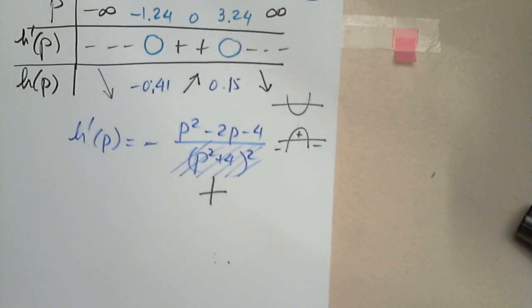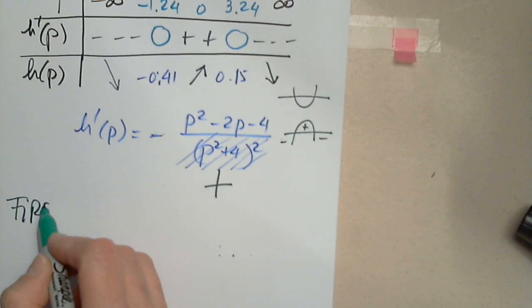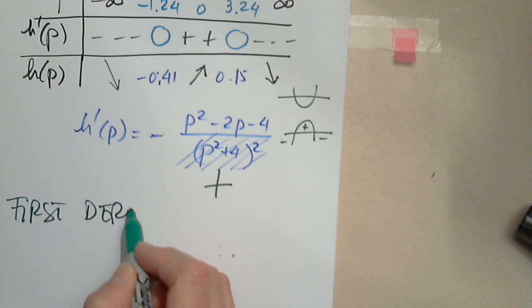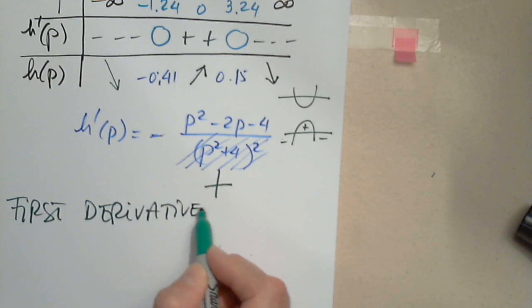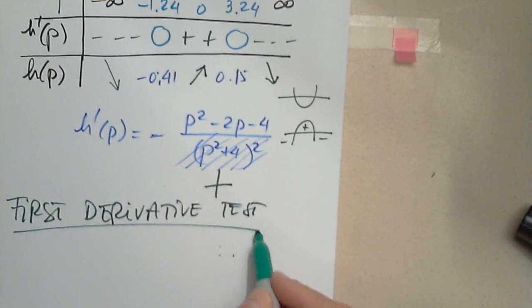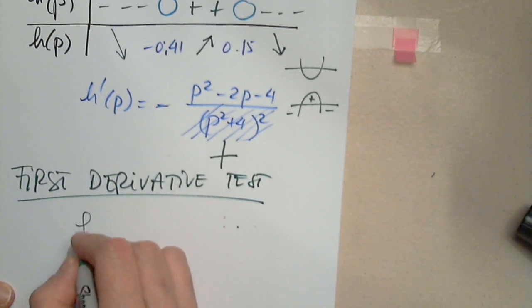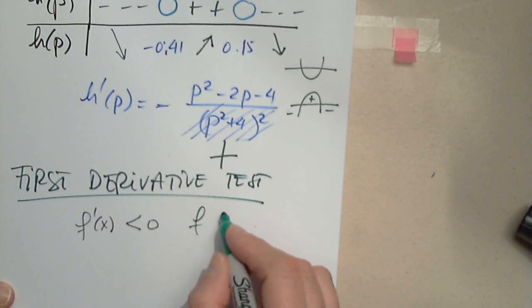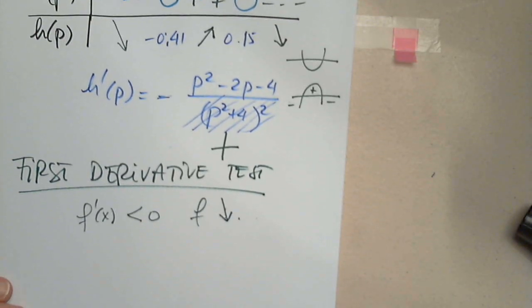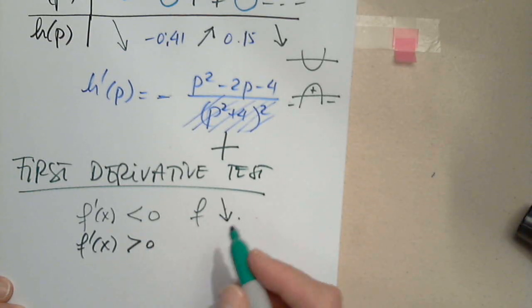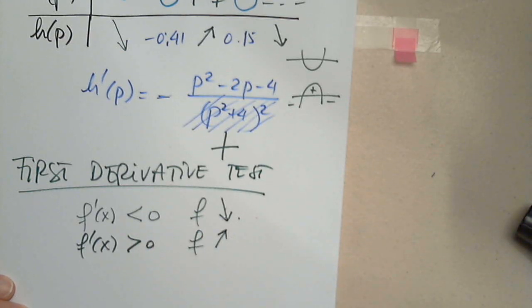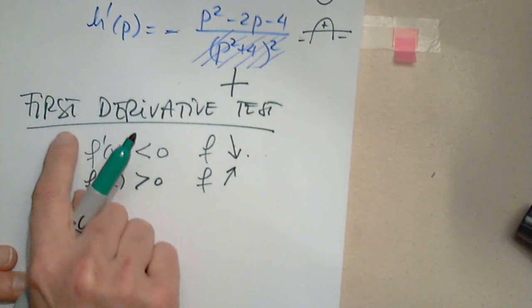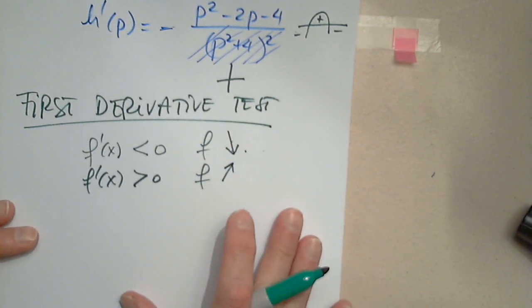This is what it's called the first derivative test. So if the first derivative is negative, function decreases. So the first derivative test says this.